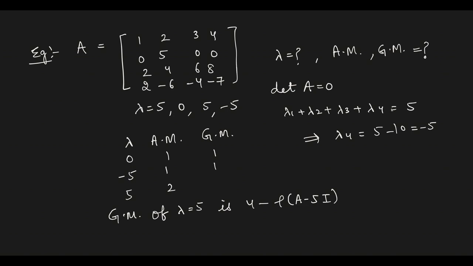Since one is 0, lambda 3 into lambda 4 will be 0, which happens only when one of them is 0. I have used only the simple concept.